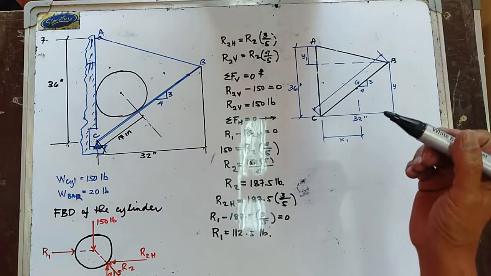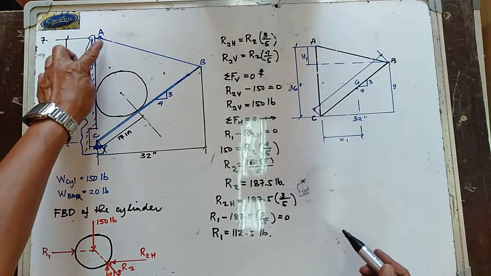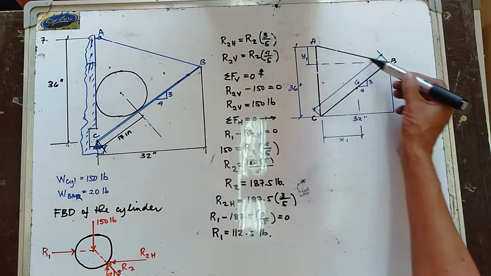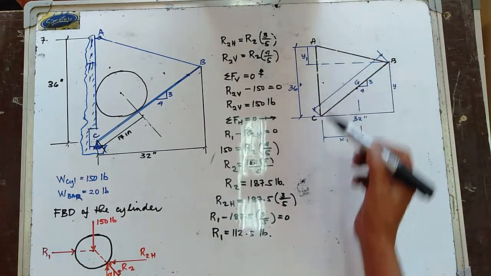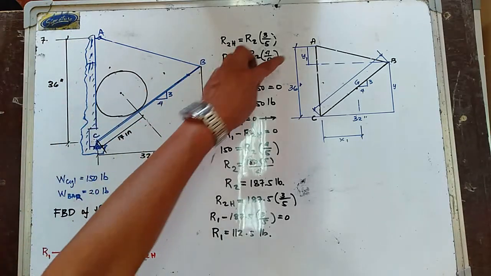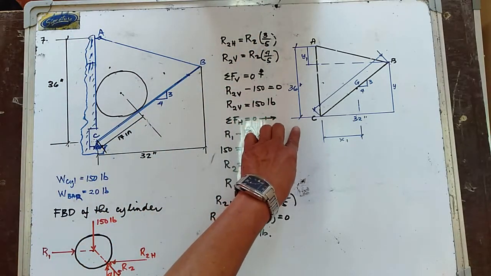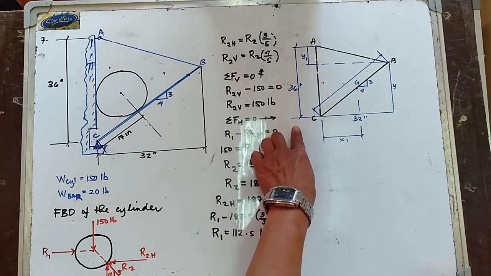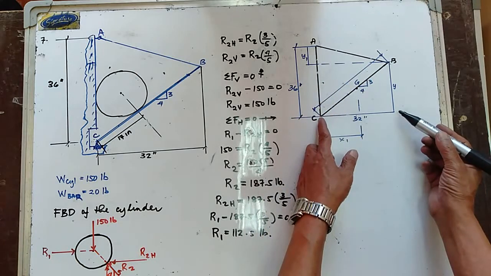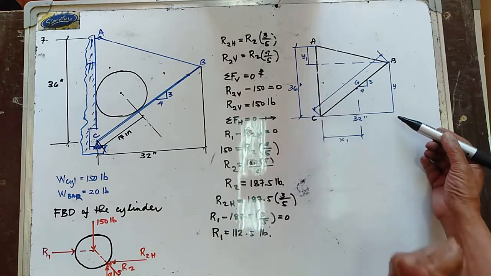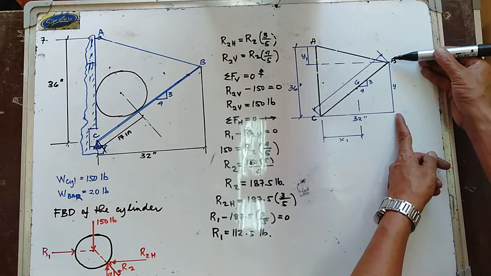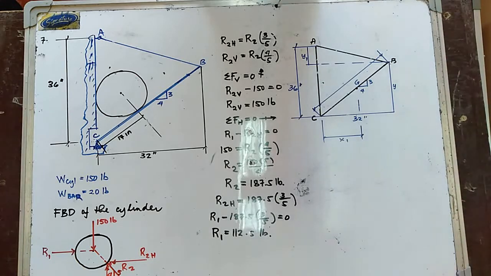Okay, let us try to consider A, B, and C. So this is now your A, B, and C. The distance from point A to point C is 36 inches, and the horizontal distance of bar BC is 32 inches. Let us determine the vertical distance of bar BC, and that is equal to y.